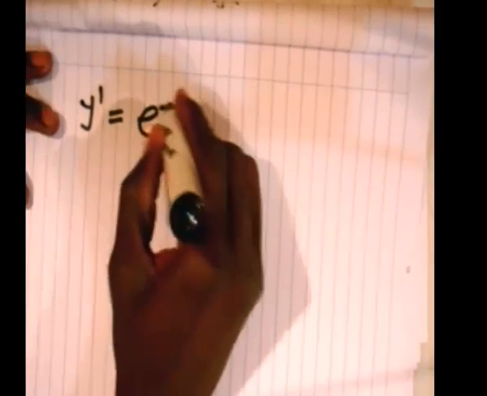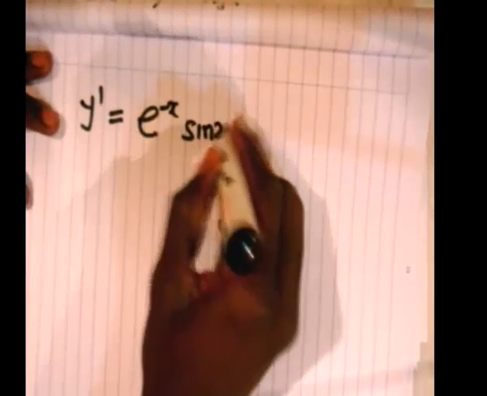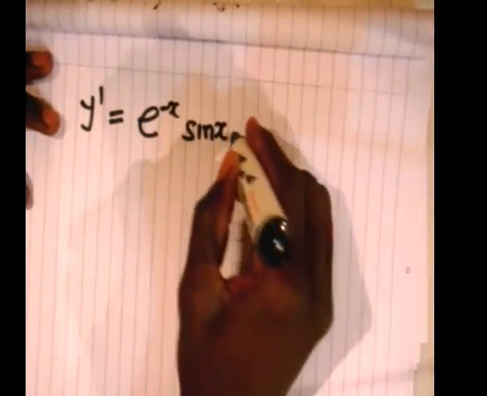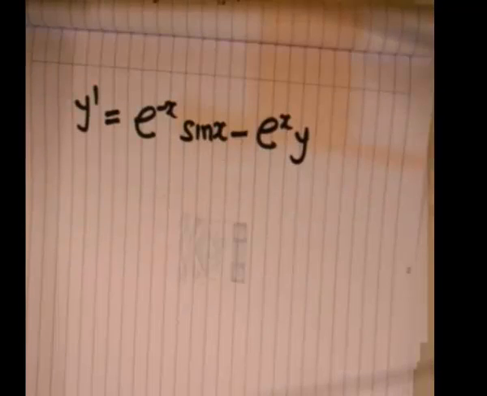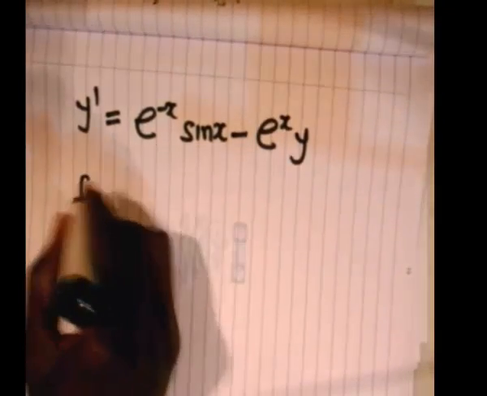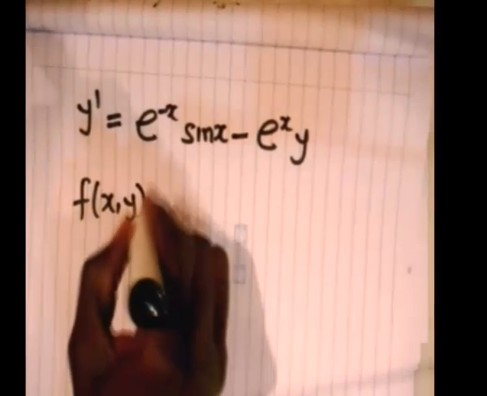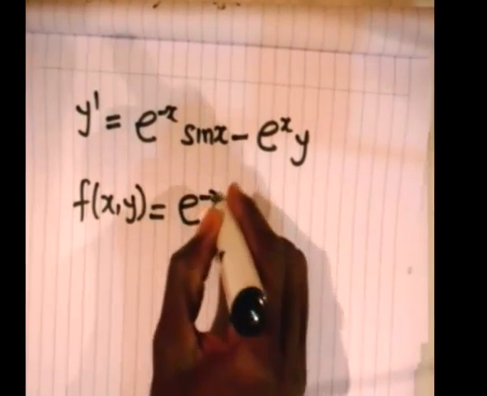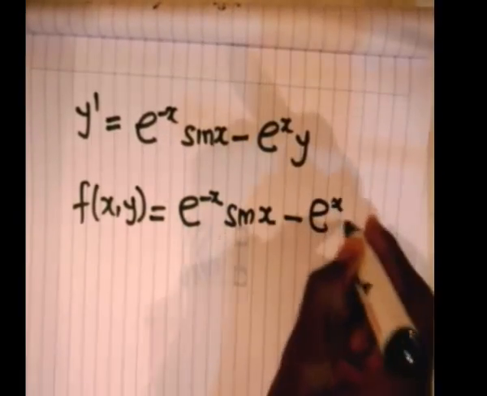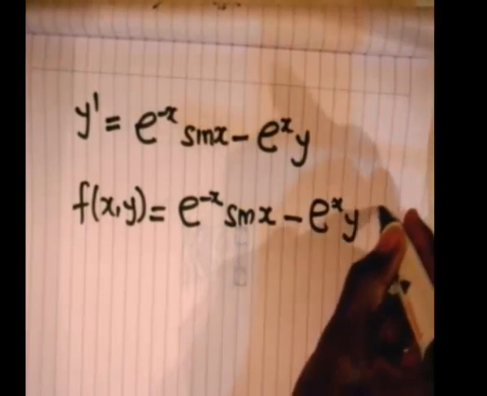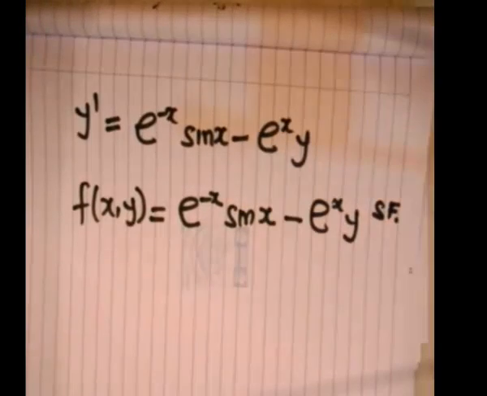We have y' equals e^(-x) sin x minus e^x y. So f of x, y equals e^(-x) sin x minus e^x y. This is the standard form. It's very simple.